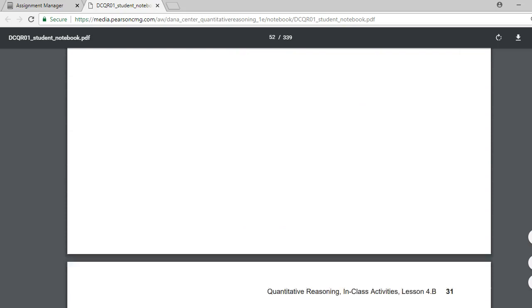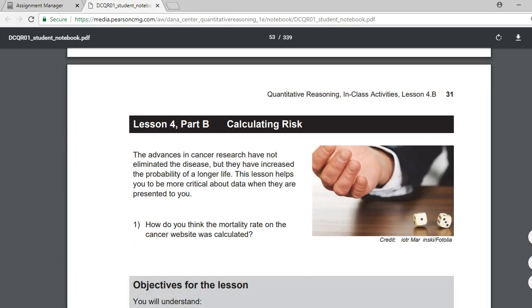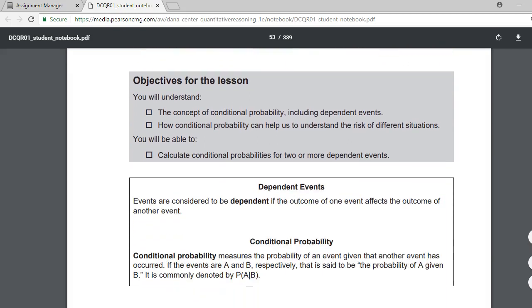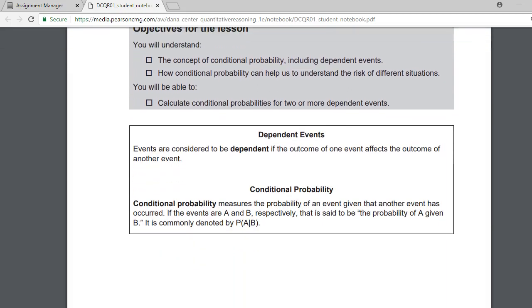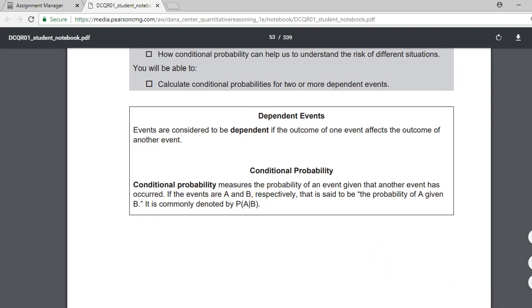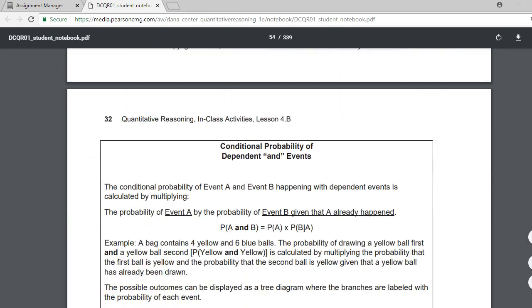Finally, on the test, we will have lesson 4, part B, on calculating more risk. This goes to dependent events and conditional probability, specifically the probability of A occurring given that B has already occurred.